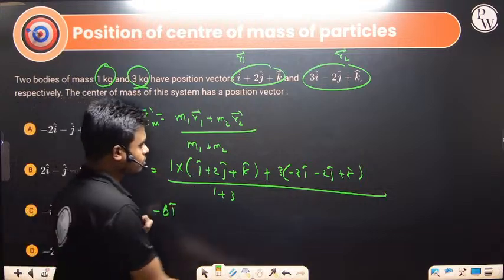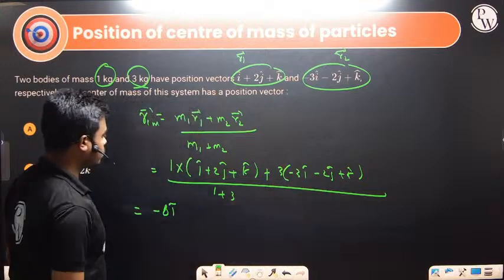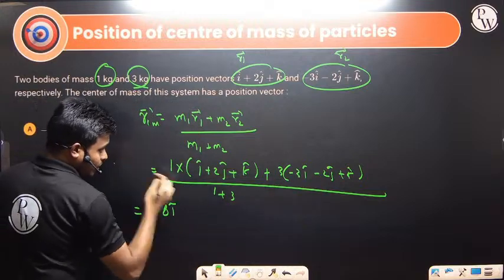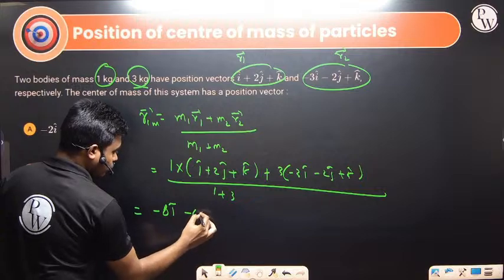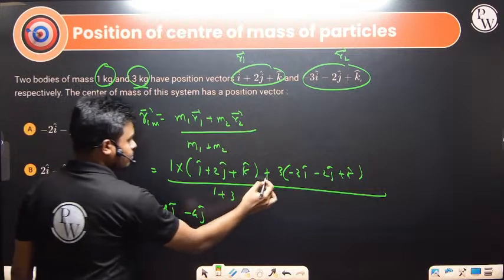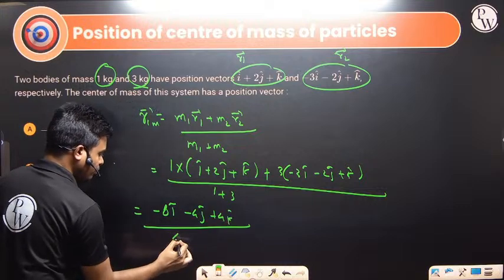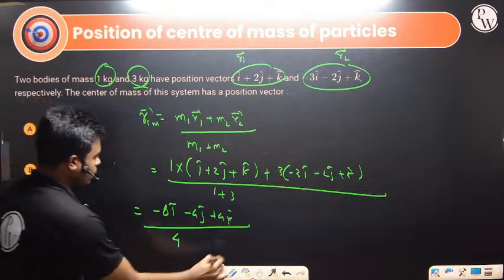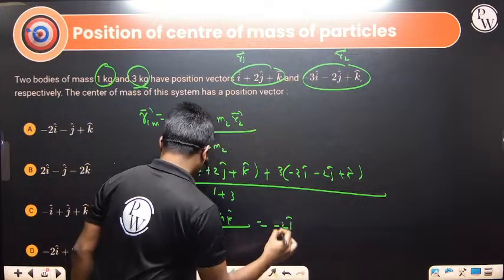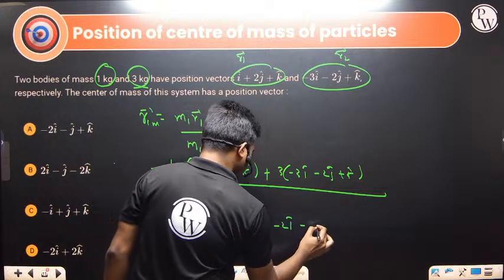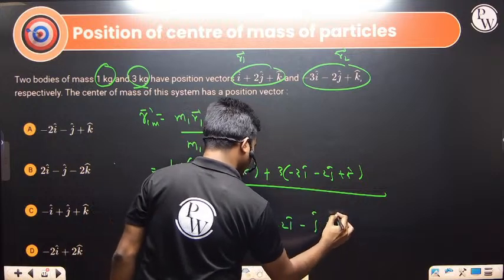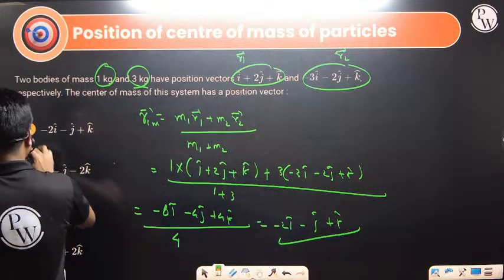For j, 3 into minus 2 is minus 6, minus 6 plus 2 is minus 4 j cap. And k cap plus 3 k cap is plus 4 k cap, divided by 4. The final answer is minus 2 i cap minus j cap plus k cap.